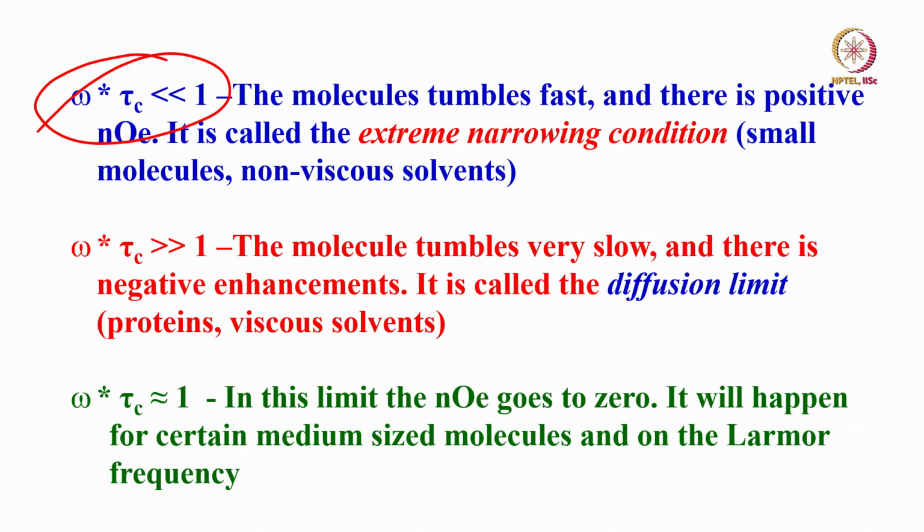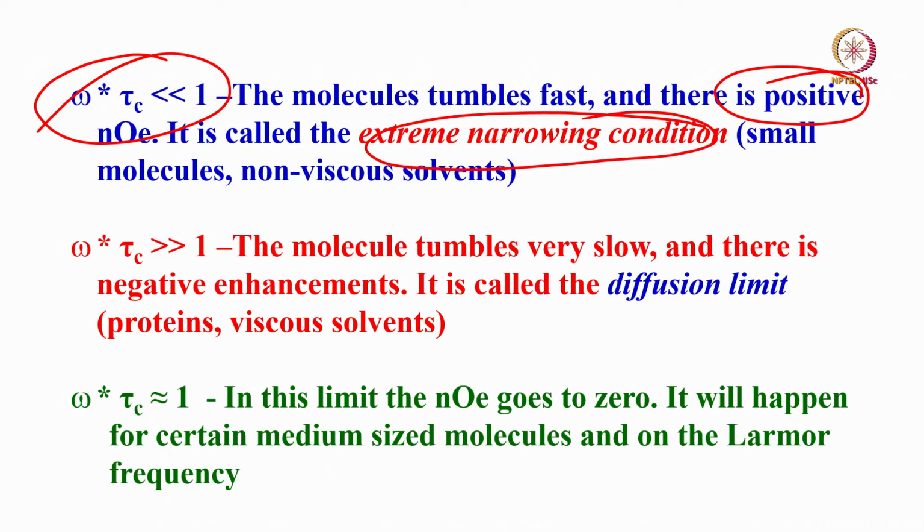When omega tau c is less than 1, the molecules tumble very fast, and this is a situation we also discussed. The molecular motions are fast. We discussed that for small molecules it happens, positive NOE. Remember in the previous class we discussed for small molecules which tumble very fast, omega tau c, if you calculate, is much smaller than 1. As a consequence, NOE is positive, and this condition is called the extreme narrowing condition.